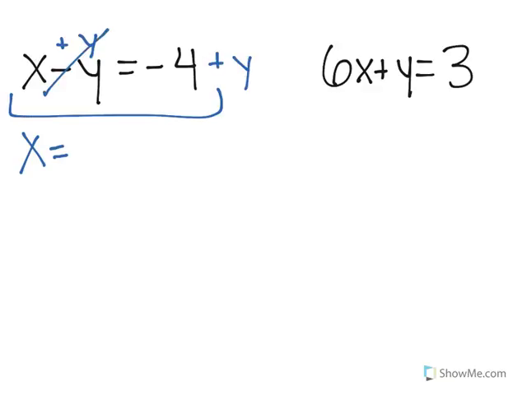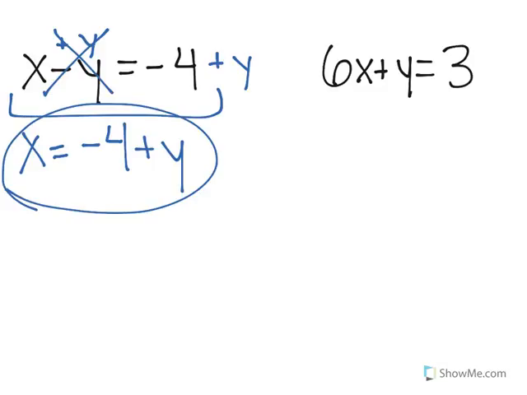Here they cancel out, and on the right side we are left with -4 plus y. Now we have isolated the x right here. That means that in the other equation, we will substitute for x. So instead of having 6x plus y is equal to 3, we will plug in -4 plus y instead of having x.